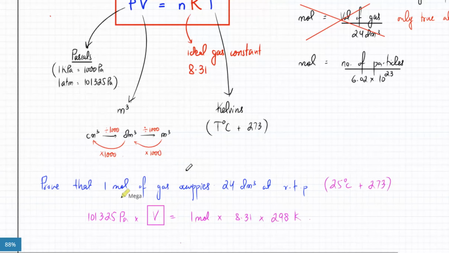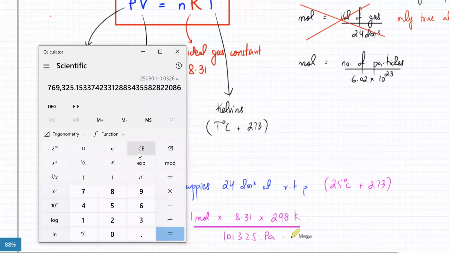So what I'm going to do is I'm going to take 101,325 to the other side, and I'm going to try and figure out the volume. So all I have to do is it's 8.31 into 298.